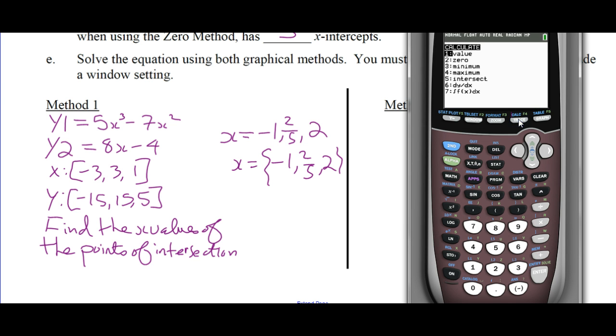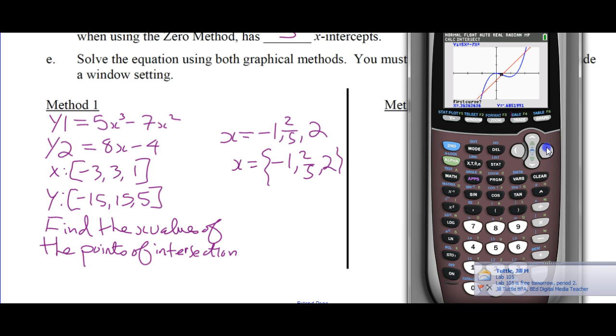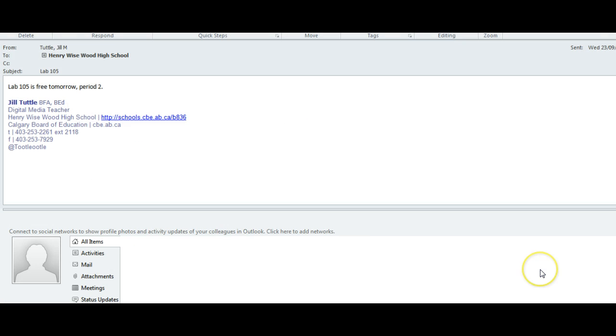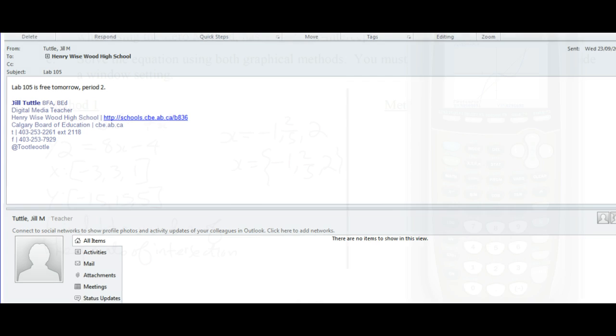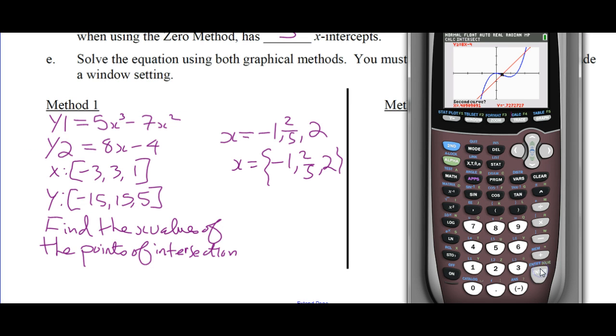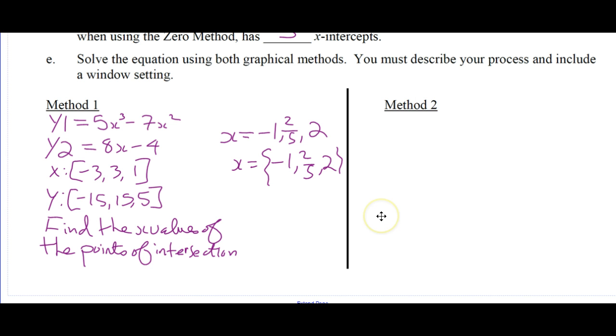Second calc, so I'm looking for an intersect, and it's 0.4, right? 0.4, which is 2/5.